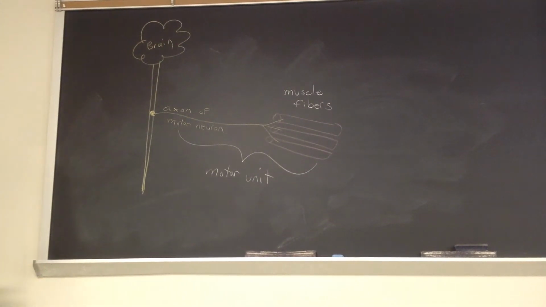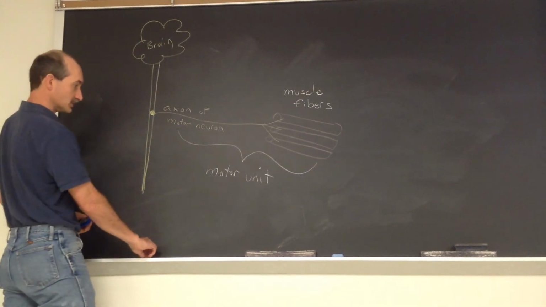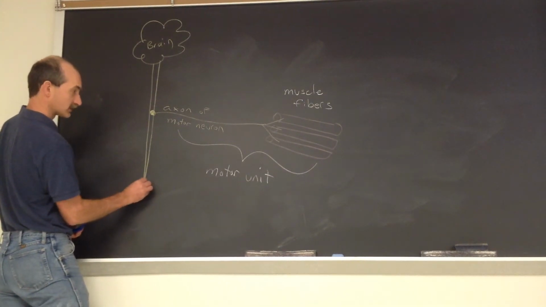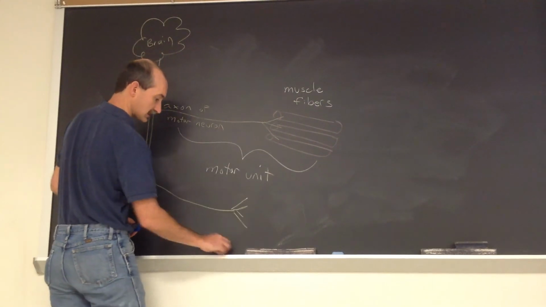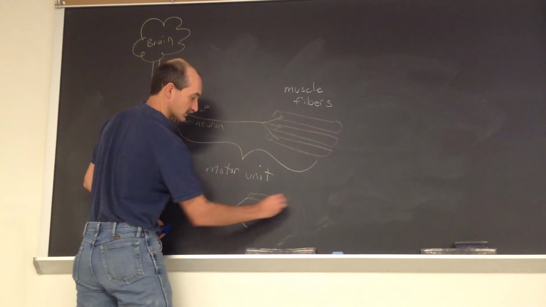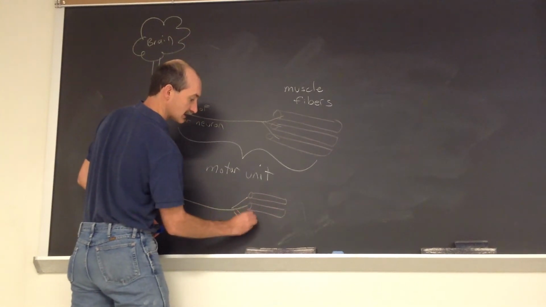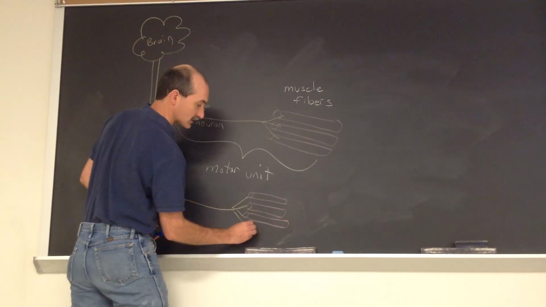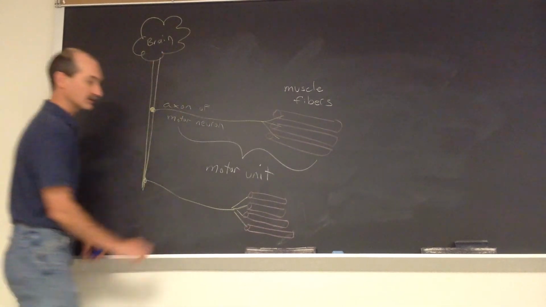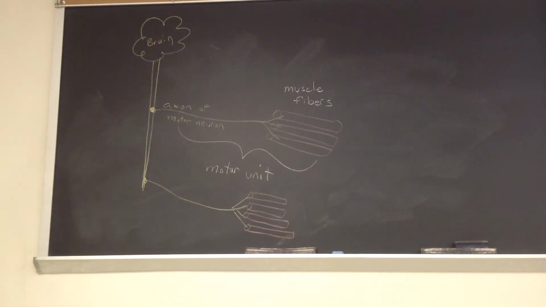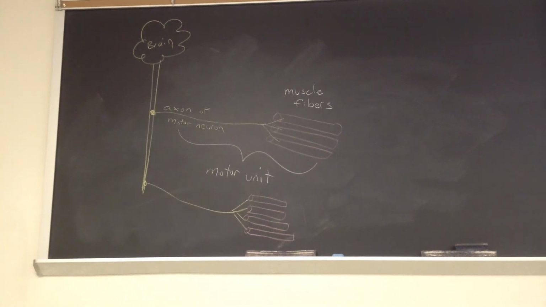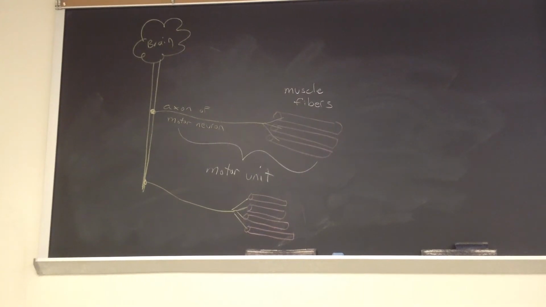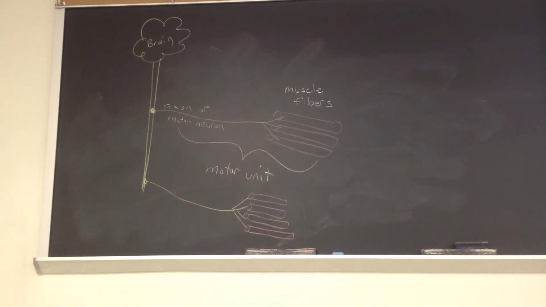The motor unit doesn't have to have just three. Here's another motor unit. Let's imagine another one, and our neuron, and maybe this time we've got 4 fibers. It might be in the same muscle. Maybe some motor units in the muscle have a lot of fibers per motor unit. In some cases it might have 1,000 or 10,000 fibers per motor unit. Some muscles have motor units that have relatively few fibers.